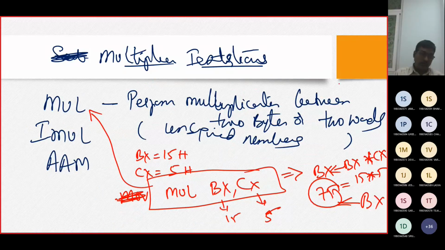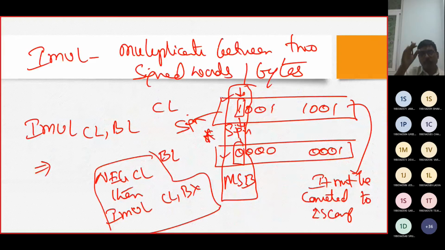But when we work with unsigned numbers, it is so simple. We have taken BX, we have taken CX, and we just directly multiply; both are going to be 16-bit numbers. In signed multiplication, if both of them are positive numbers, again there are no issues. But a case arises if any one is going to be a negative number. How am I going to decide it is a negative number?